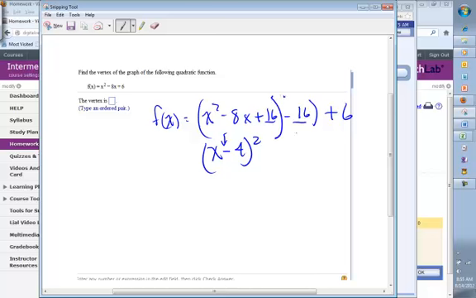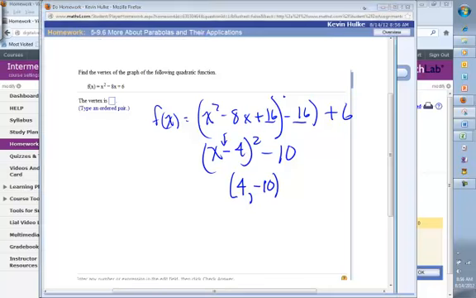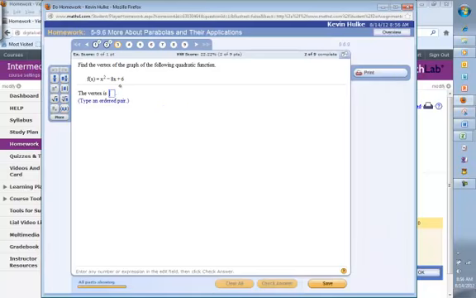And now combine those two instead. -16 plus 6 is -10. So our vertex is at 4, -10. Parentheses, 4, -10.